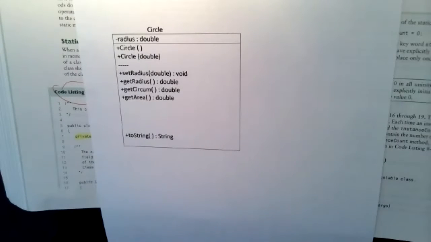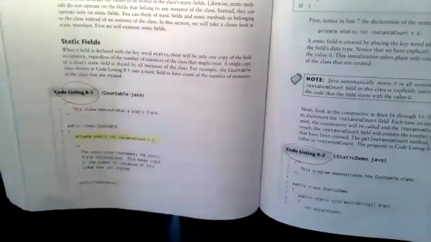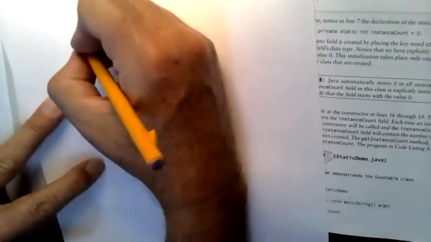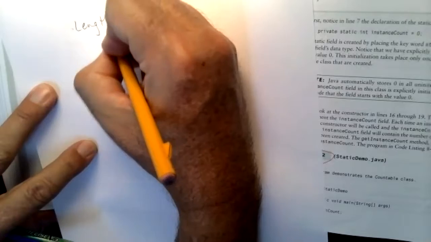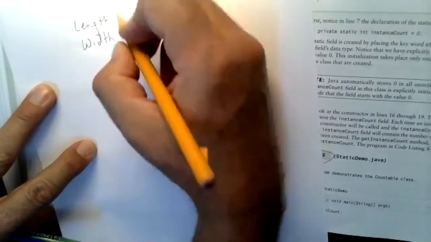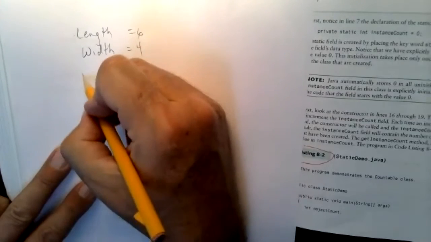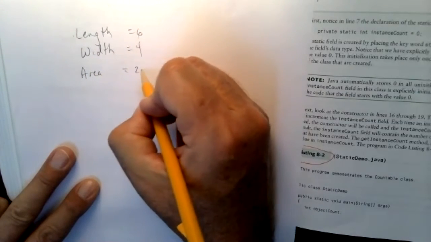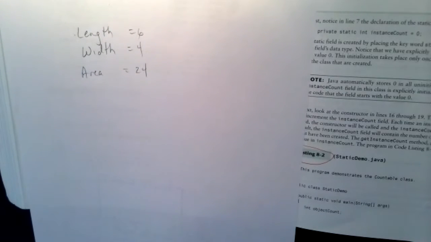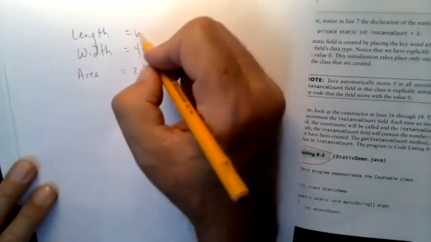The reason is it creates something called stale data. So if I had a variable called length, and width, and the length was 6 and the width was 4, and say I had another variable called area, and I calculated the area to be 24, and then I went and said, oh, let's change length to 10.